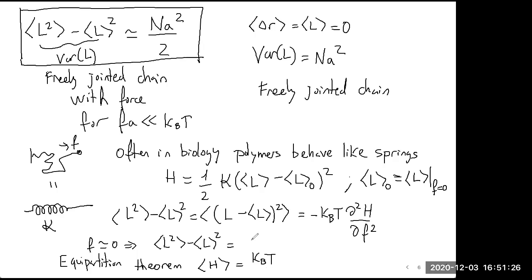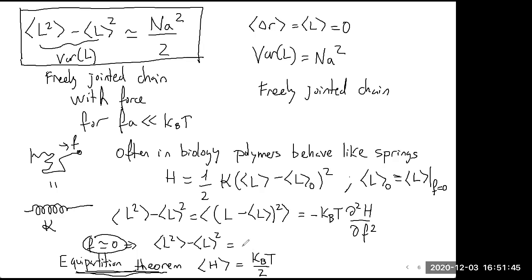So here it will be KBT divided by 2. This is called the equipartition theorem, which is valid close to equilibrium. So in this region, the equipartition theorem tells us the average of this is KBT over 2.